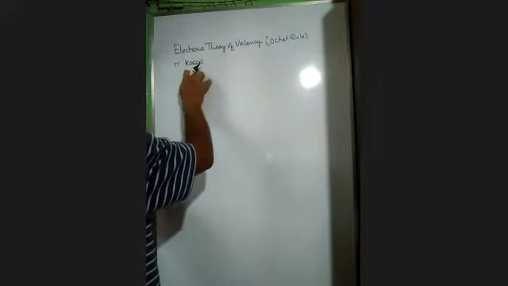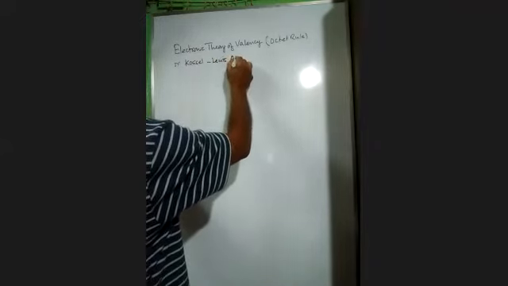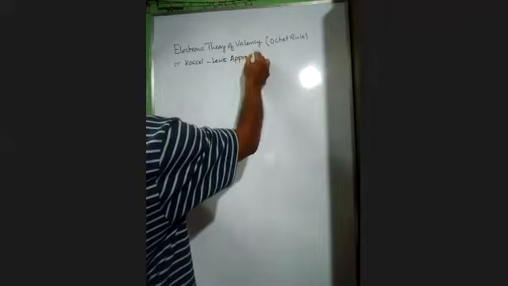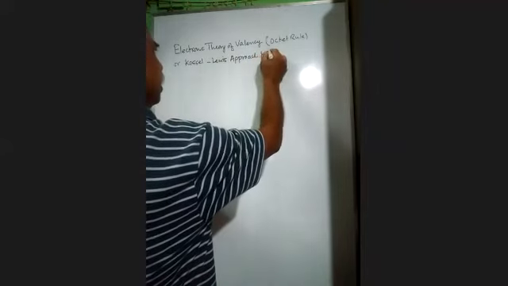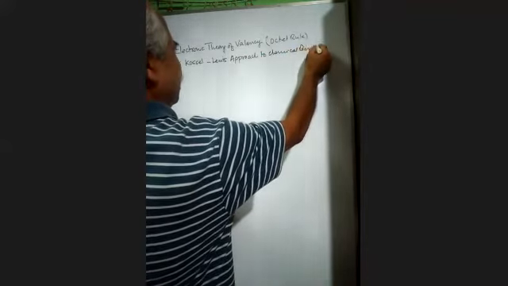Who proposed it? We call it the Kossel-Lewis approach to chemical bonding. See, we always mention Lewis, but Kossel is also a person involved in this theory. They are the pioneers who did work on chemical bonding.